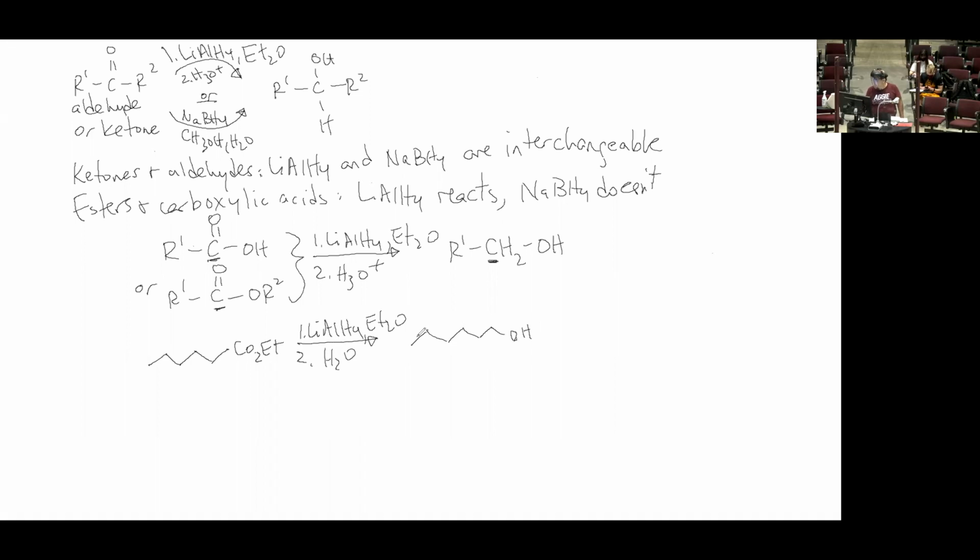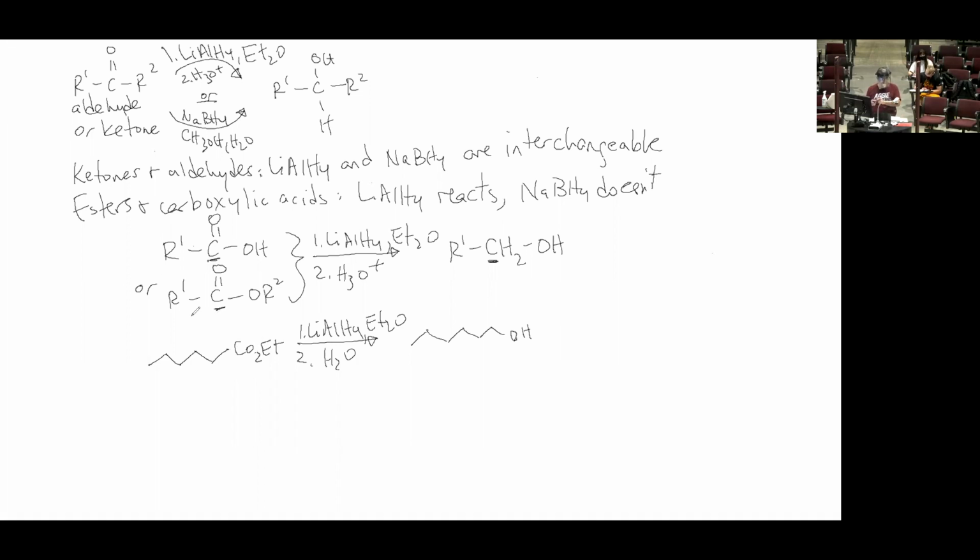That means C double bond O, O ethyl. And so if we were to treat this with LAH, diethyl ether, THF, whatever you like, and then an aqueous or aqueous acid workup, you would get 1-hexanol out of this.